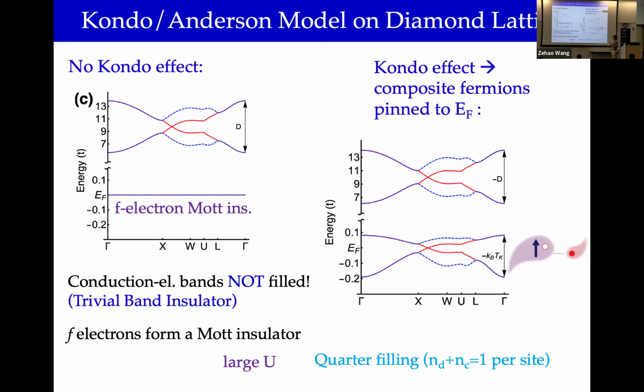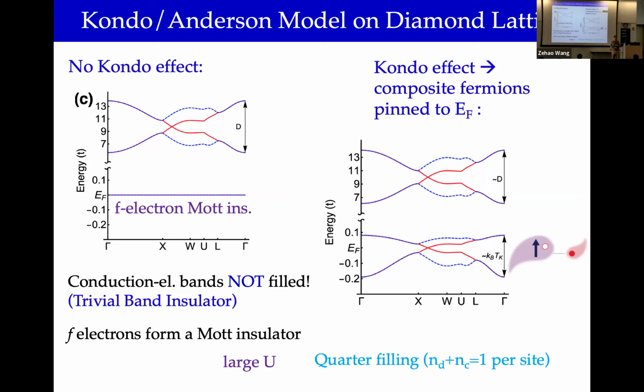They have no choice. And so now, if you look at the quarter filling case, if you count the number of electrons, the natural choice would be the system to be a semiconductor, and so it would be gapped, there will be no states at Fermi energy. This would be a Kondo insulator, and the Kondo insulator as a materials class does exist.